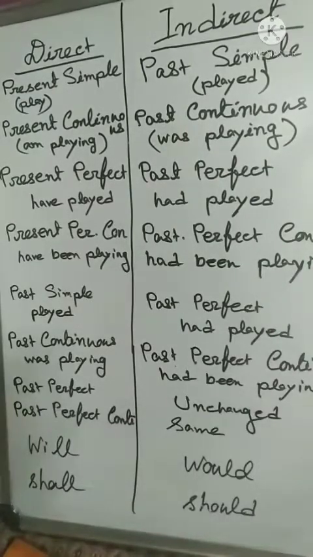Now see, we can look at some examples. Suppose Ela said, "I want to become an architect." In indirect speech it will be like this: Ela said, then you have to add the conjunction that.